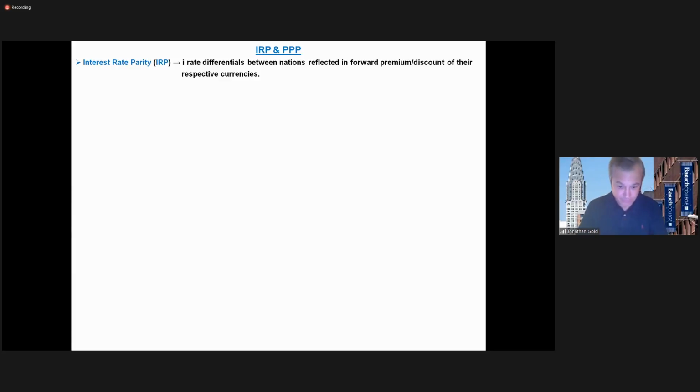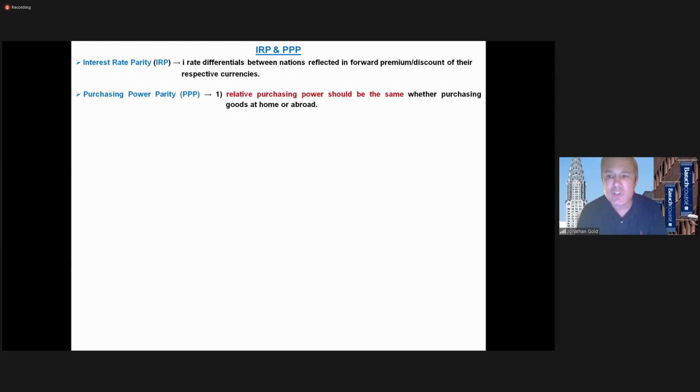So the theory of interest rate parity tells us that interest rate differentials between nations are reflected in the forward premium or discount of their respective currencies. And so therefore, we turn our attention to the idea of purchasing power parity that says that the relative purchasing power should be the same whether you're buying goods at home or abroad.